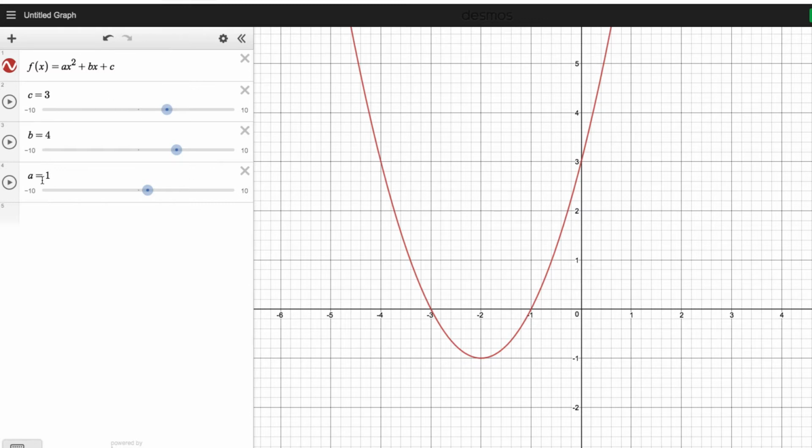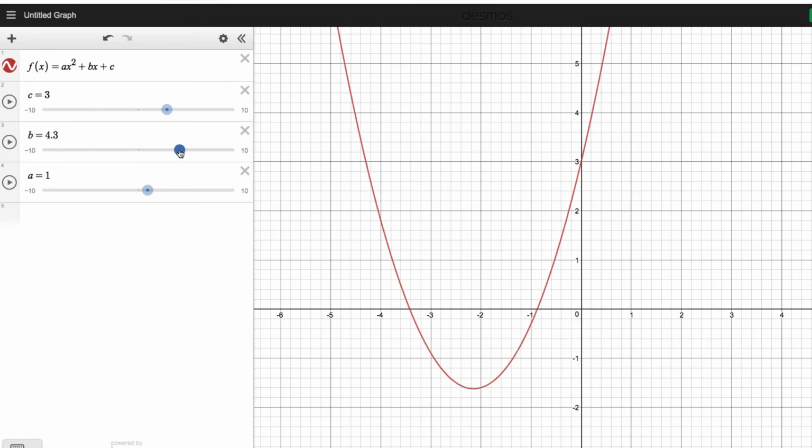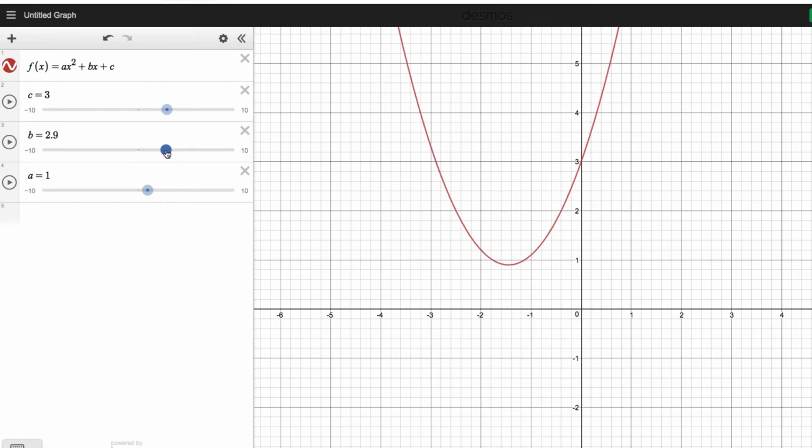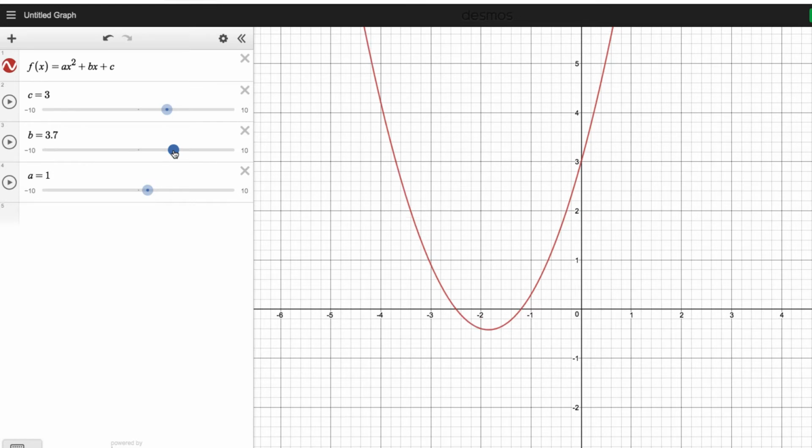So what I'm going to do here is change the coefficients for a, b, and c. And you'll notice that as I do that, my function changes, and I can get situations where there are no x-intercepts, which would correspond to no solutions to the equation. Or if I get this really carefully, I can maybe get the parabola just sitting on the x-axis, in which case I have one solution.